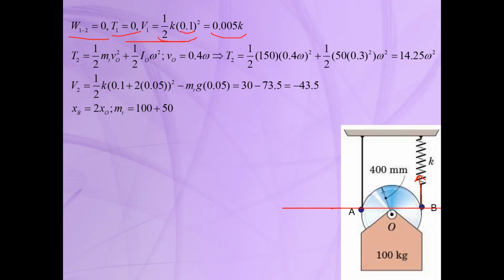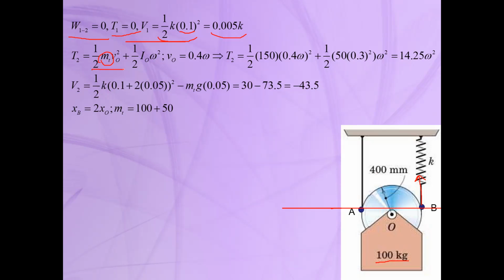The kinetic energy in the final position is due to the translational and rotational motion. So the translational part will include the translation of the sheave and this 100 kilogram mass. So we substitute MT here into the equation. You can see MT is the total mass of the sheave and this mass.